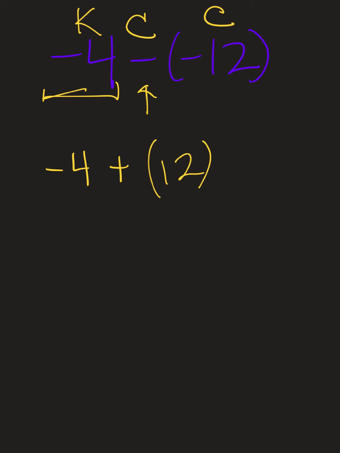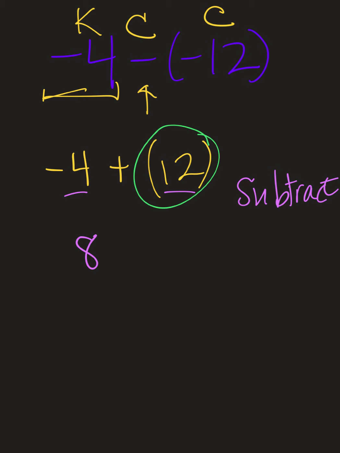From here, I'm going to look at my signs. I have different signs, so I'm going to subtract. 12 minus 4 is 8. In this case, the 12 is still bigger than the 4, so it's a positive 8, or just 8.